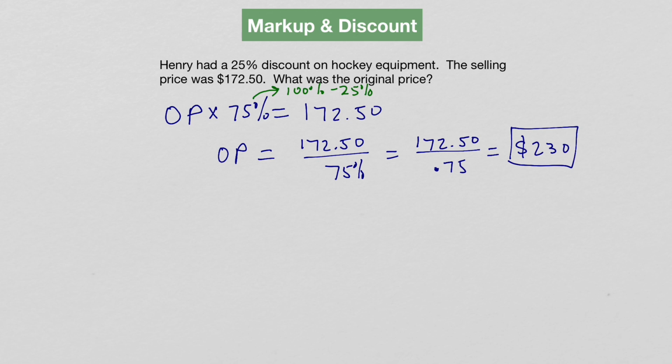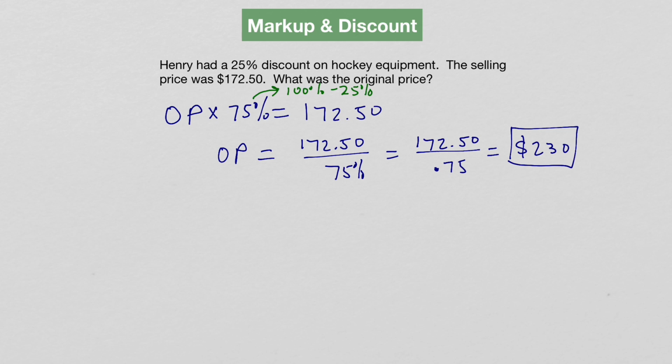Okay, so the way I've done this is set this up with an algebraic equation. Very simple algebraic equation. So I said, okay, I don't know what the original price is, but I'm going to call it OP, original price. Now, I have to take 75% of that to get to my selling price.